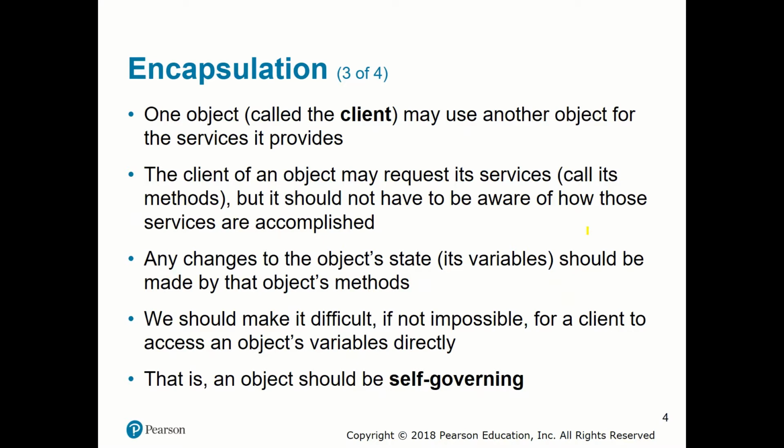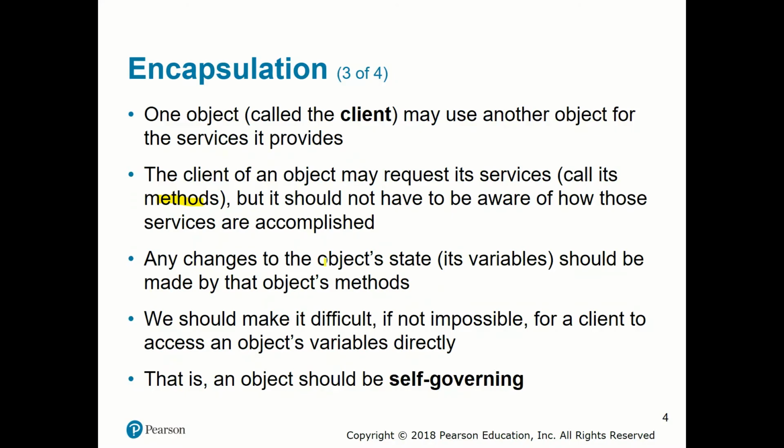One object called the client may use another object for the services it provides. The client of an object may request its services, call its methods, but it should not have to be aware of how those services are accomplished. This is a black box concept.